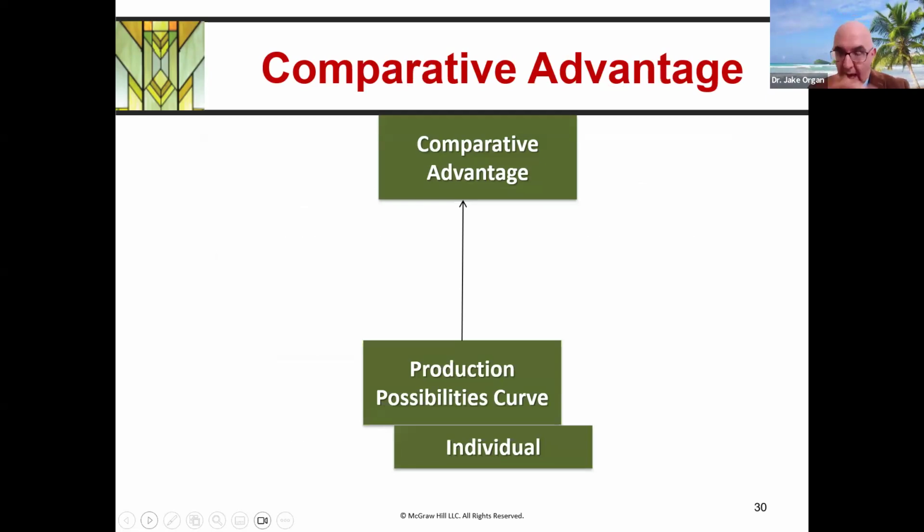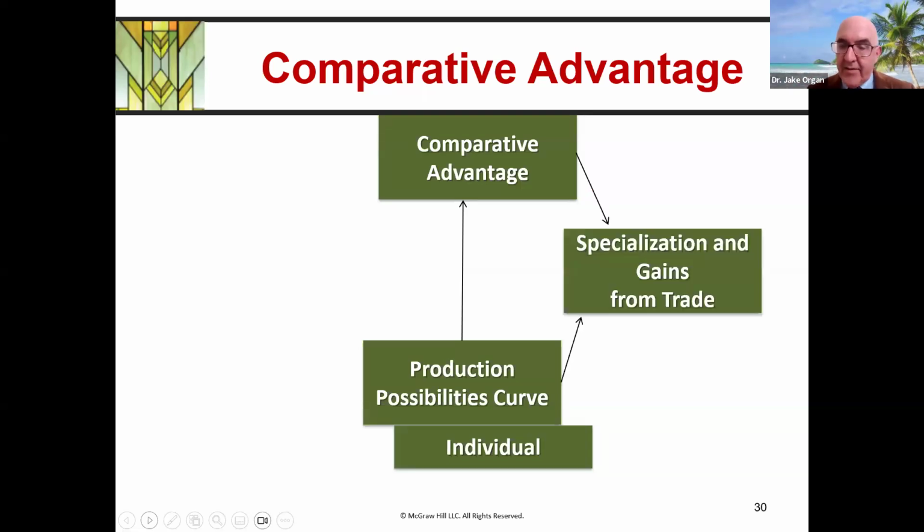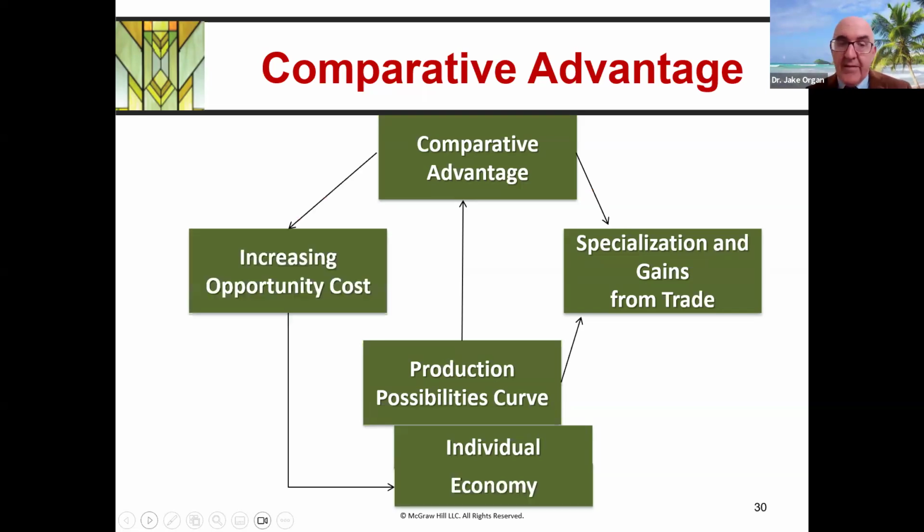Okay, so just to go over everything, obviously you've probably got lots of questions about this. Try and reach out to office hours or something if you're confused. But remember, the production possibilities frontier on an individual level leads to comparative advantage, leads to specialization and gains from trade. We can think of it on an individual level or on a country level or an economy level.